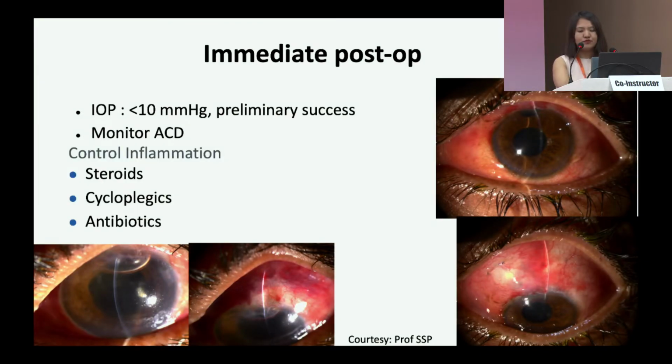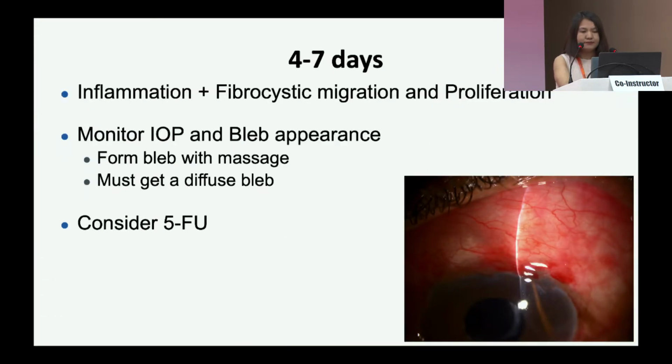In the immediate postoperative period, as I already discussed, intraocular pressure less than 10 mmHg is a sign of preliminary success. You should always monitor the anterior chamber depth, because in the presence of a low IOP, you can have a shallow AC, like a choroidal detachment or so. As in any trap procedure or any glaucoma surgery, you should control the inflammation with the help of steroids, cycloplegics, and antibiotics.